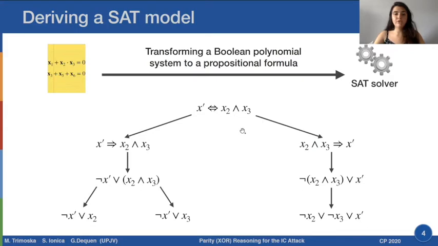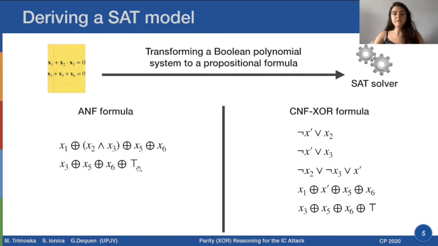This equivalency is further transformed into three OR constraints using the following technique detailed here. Now, this is how we go from an ANF formula into an equivalent CNF XOR formula.